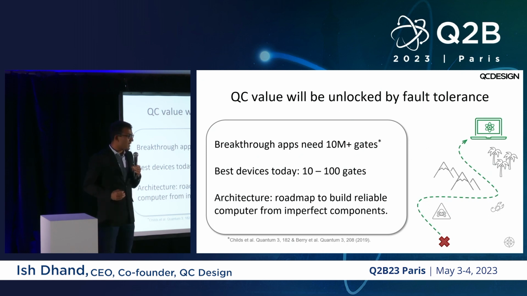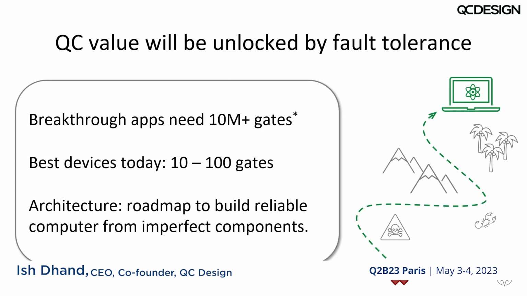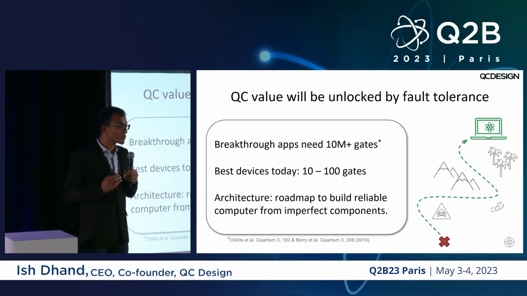A fault-tolerant architecture is a roadmap that describes how to put together imperfect components, such as those found in today's devices, into a reliable computer, one that solves the problem that you want solved. Fault tolerance is what allows you to build useful quantum computers in the real world.